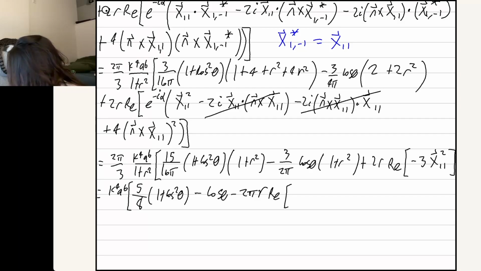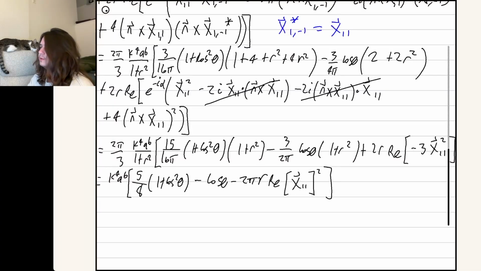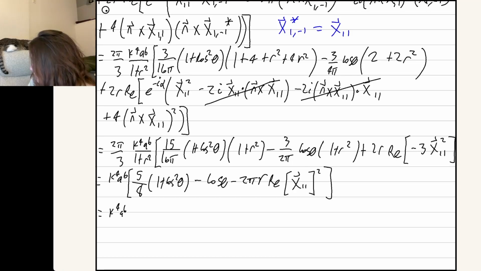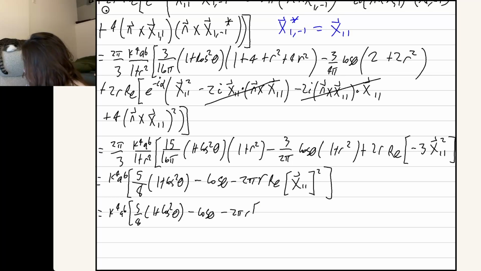And the freaking spherical harmonic squared. So I did just go and look up what the spherical harmonic was. I found it on Wikipedia, which sucks because I'm not going to be able to use Wikipedia on the exam that I have in a bit.